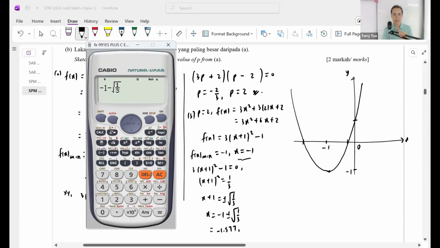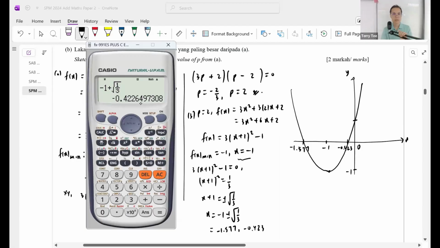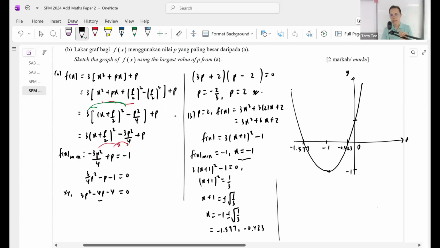This will be negative 0.423. So it makes sense, right? This is 1.577, 0.423.